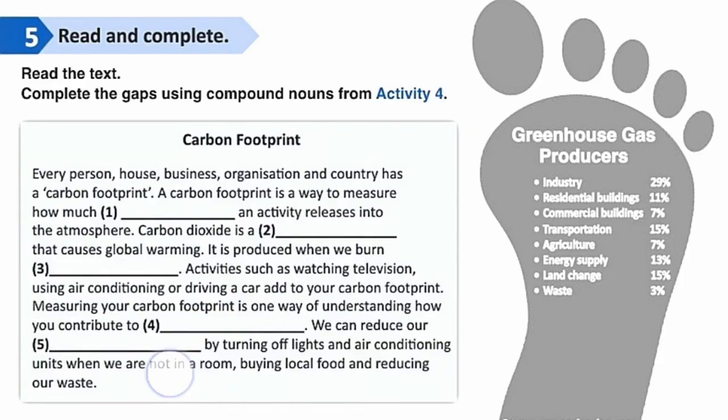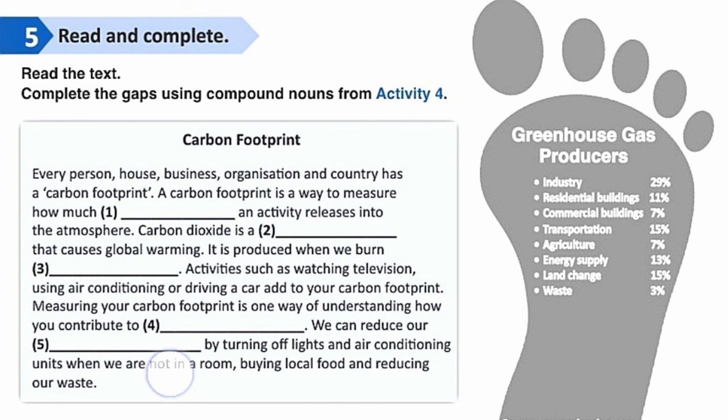Then we are going to use these compound nouns in the previous activity to fill in the gaps in this text, which is entitled Carbon Footprint. Every person, house, business, organization, and country has a carbon footprint.